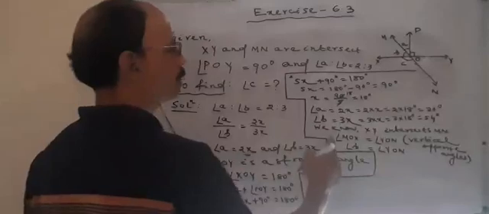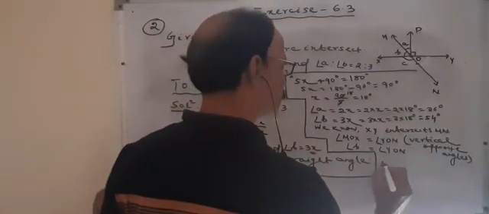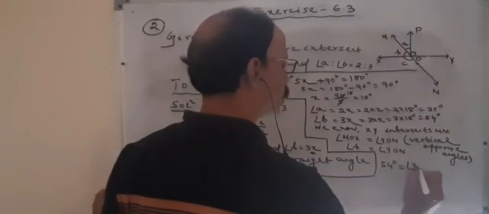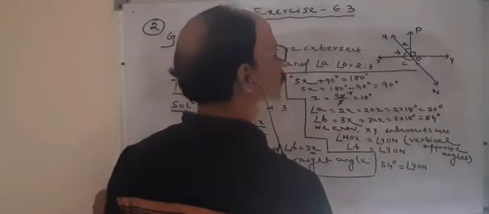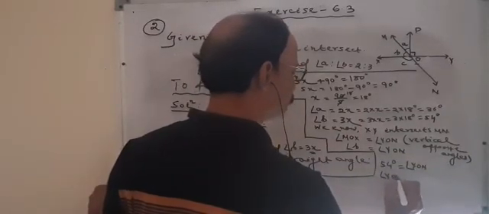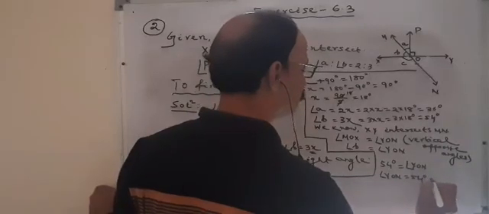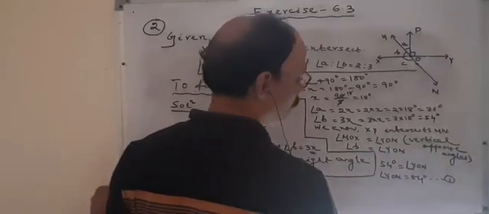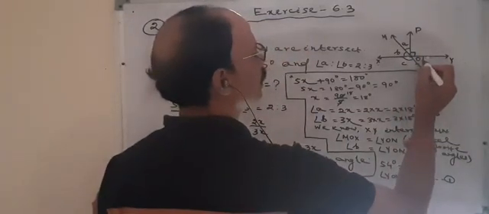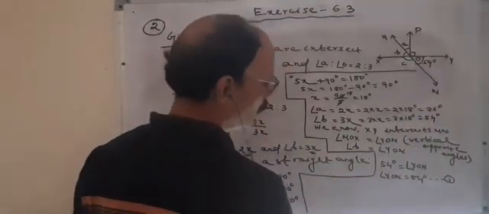Angle B we already calculated, that is 54 degree. So 54 degree is equal to angle YON. So it means angle YON is equal to 54 degree. It is equation 1. We got YON as 54 degree.